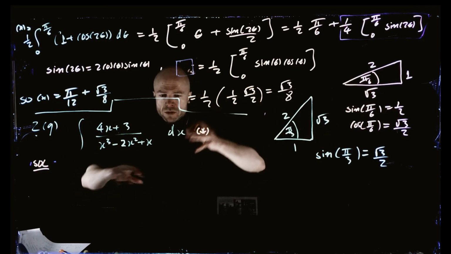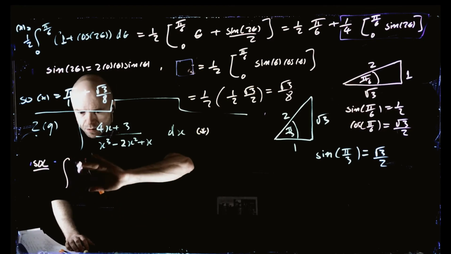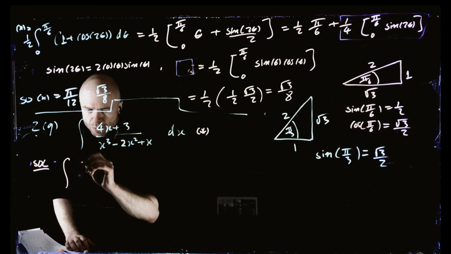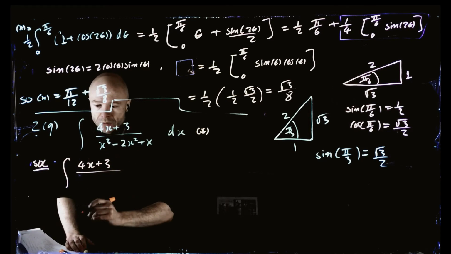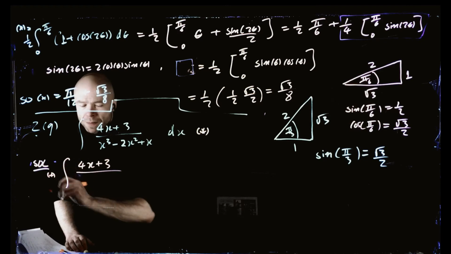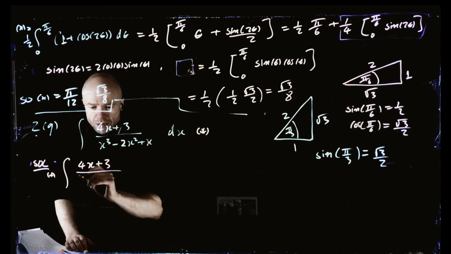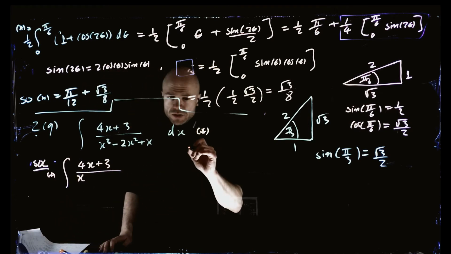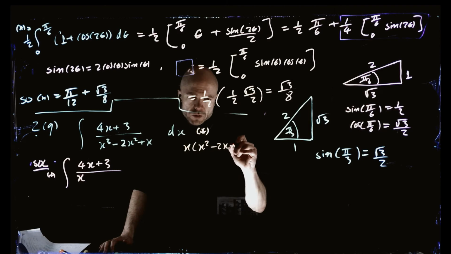So you try and factor the bottom because that's how this stuff works. We classify according to what we have on the bottom. So star is equal to this thing. And then if we pull out an x, we're going to have x, and let's write it over here. So we have x squared minus 2x plus 1.